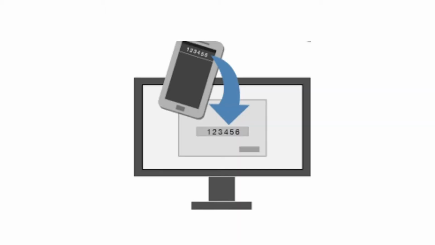The first way, the system can send you a code via a text message or SMS. Once you receive that text message, you read the code and type it back into the system.